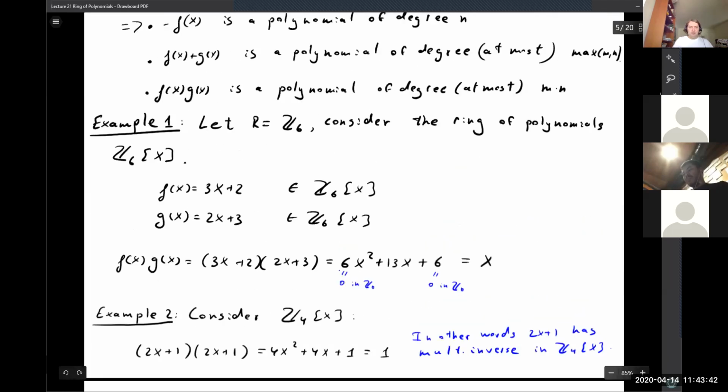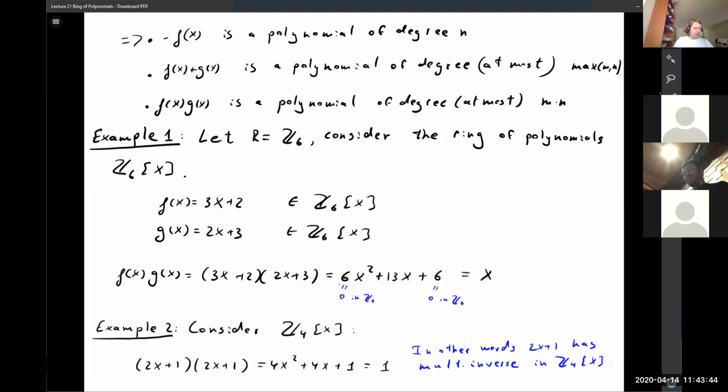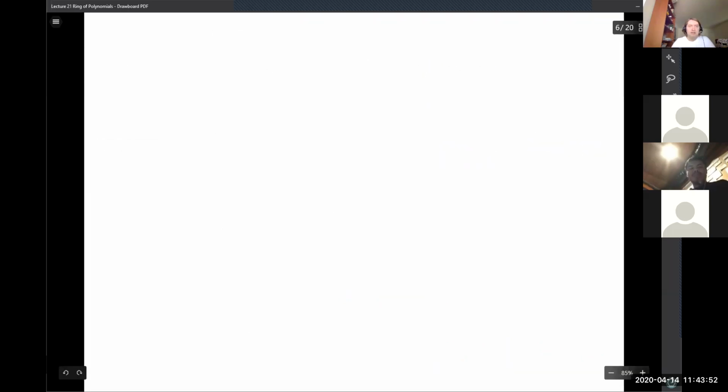So, any questions about the examples so far, before we proceed to polynomials in several variables? Okay, so now our idea of the ring of polynomials can be continued to several variables.